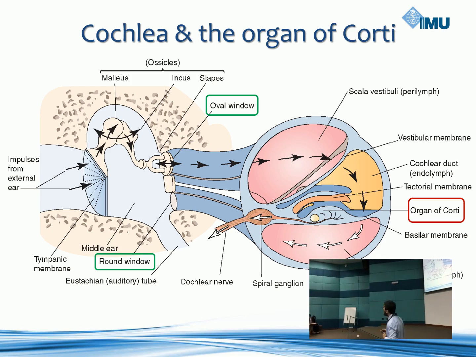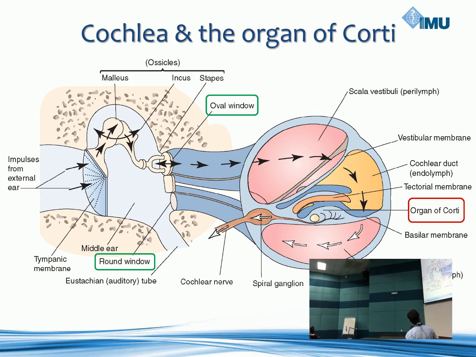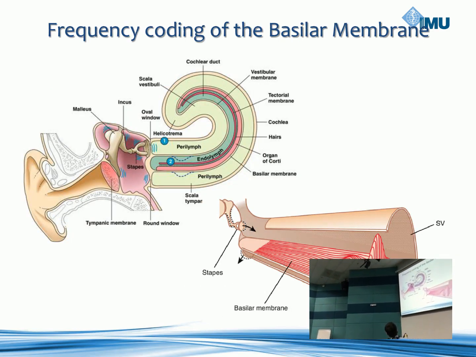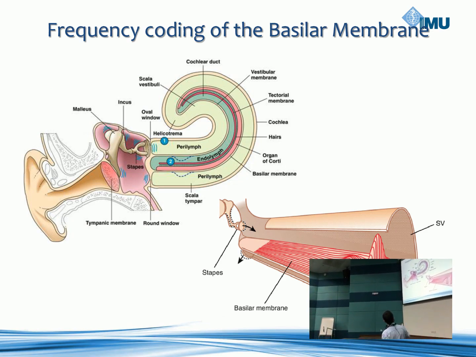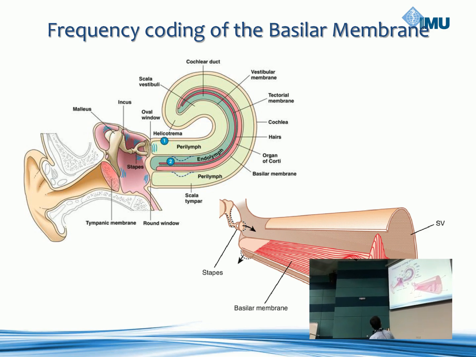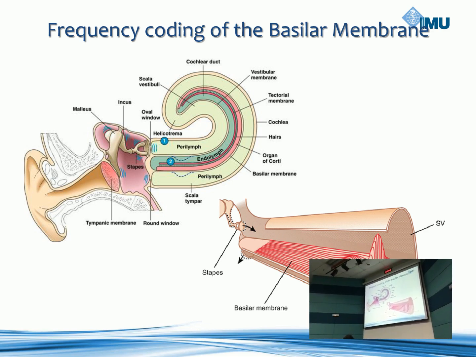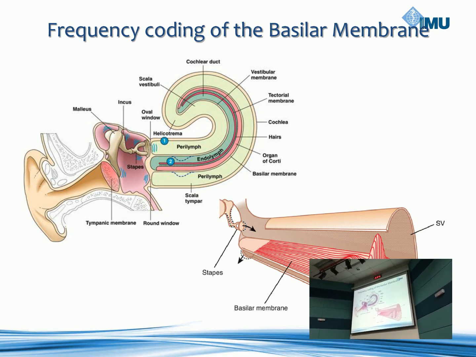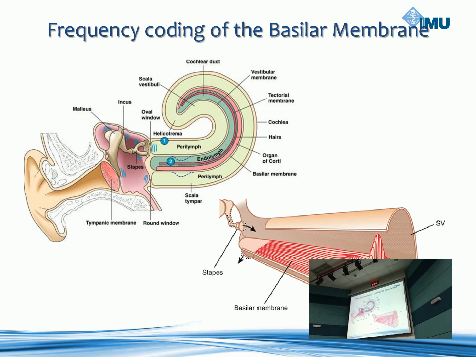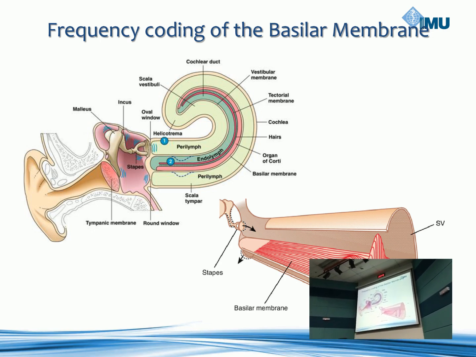All right. Now, if you look closely at the structure of the cochlea, there are 3 canals, again the same concept. The oval window, scala vestibuli. This is scala tympani. In the middle, scala media.